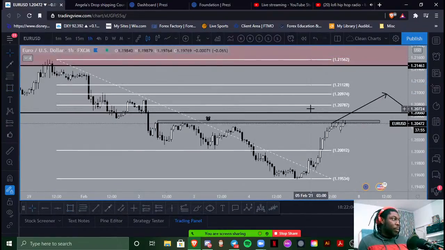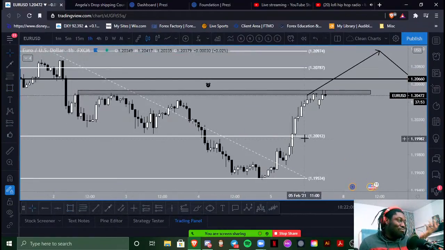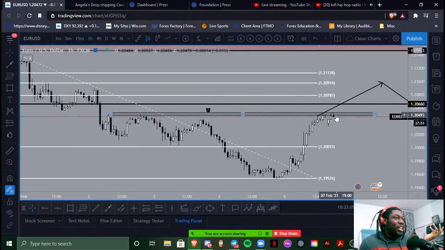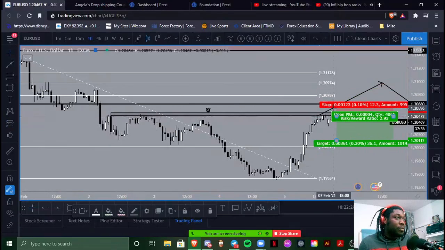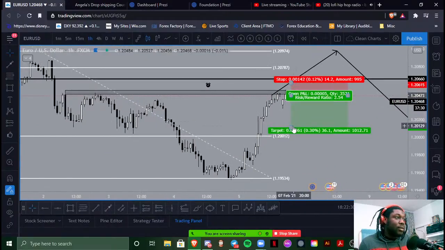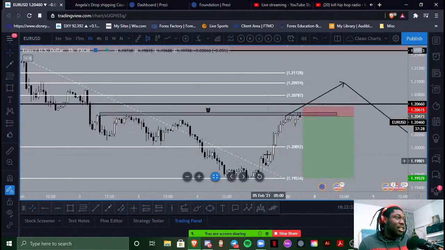You could literally sell price right here. It's not necessarily a bad thing. All I see is that there's a whole bunch of liquidity up here that still needs to get grabbed from when price has been dropping. So if you want to sell this right here, nothing is stopping you. You could move your stop loss right here, risk 15 to 20 pips, and then take it to the downside.